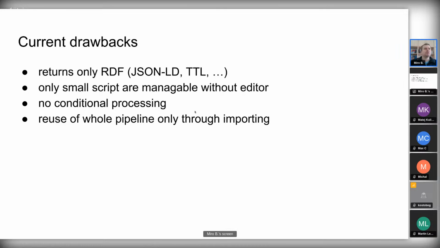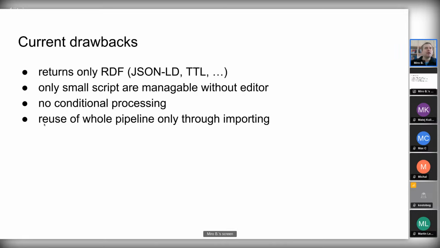Conditional processing is useful, for example, when you need to do a migration of data, and you want to say, if this is the state of the triple store, then execute the script. This is not possible to do very easily, but it is possible through those variables.